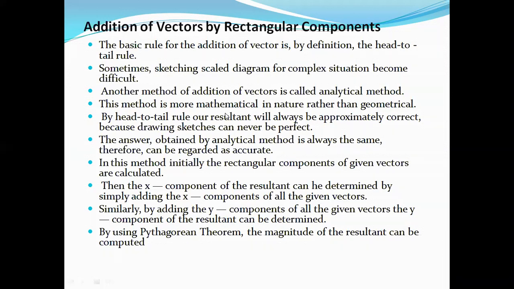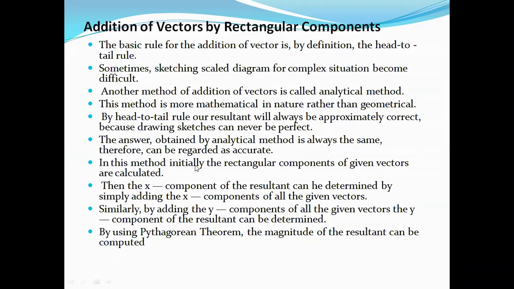This method is more mathematical in nature rather than geometrical. By head to tail rule, our resultant will always be approximately correct because a drawn sketch can never be perfect. The answer obtained by the analytical method is always the same, therefore it can be regarded as accurate.